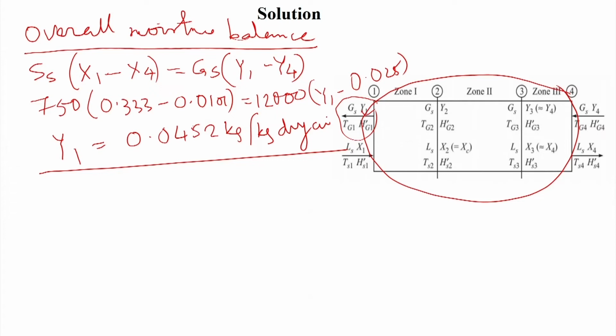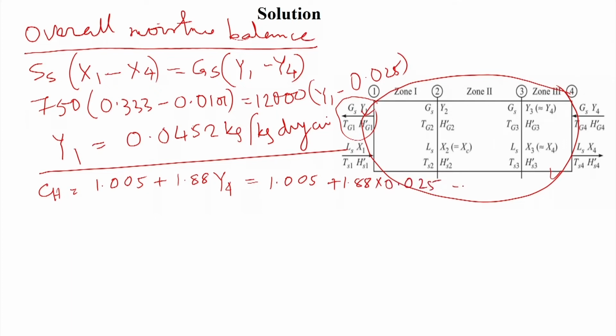Now, the humid heat of the air, C H, in zone 3 will be starting here. So, C H is equal to 1.005 plus 1.88 into y 4, where y 4 is 0.025.